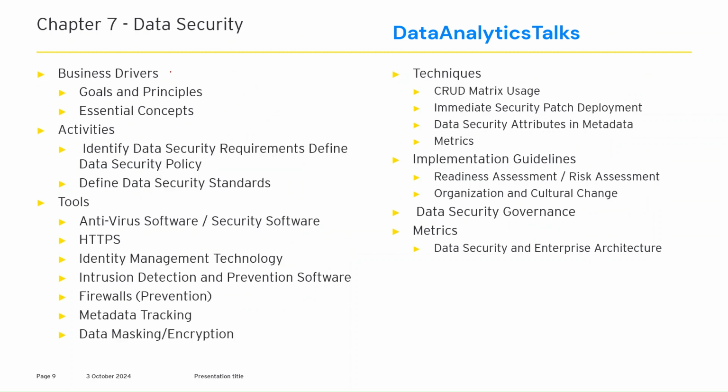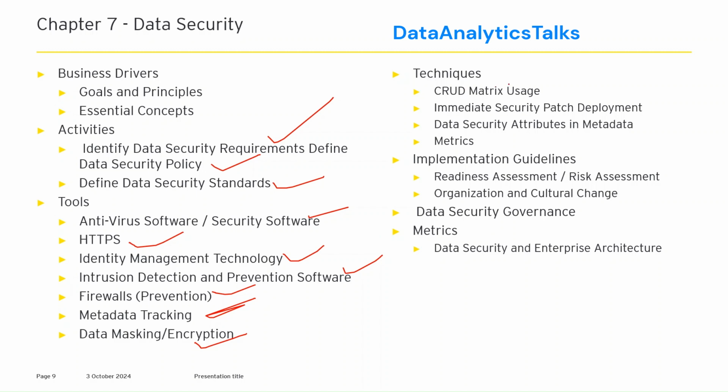Chapter 7 talks about data security. It starts with business drivers, goals and principles, essential concepts. Then various activities like identify data security requirements, define data security policies, define data security standards. It also talks about the tools: antivirus software, security software, HTTPS, identity management technology, intrusion detection and prevention software, then firewalls, metadata tracking, data masking and encryption.